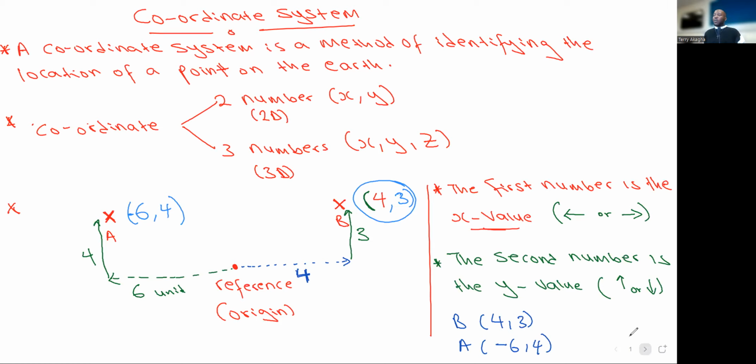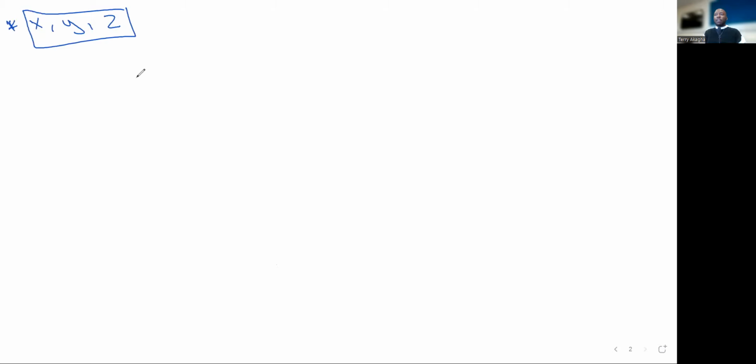So the Z will be here, okay? Then it's at right angle to the Y, and it's also at right angle to the X. So you can see that all of them are at right angles to each other, okay?